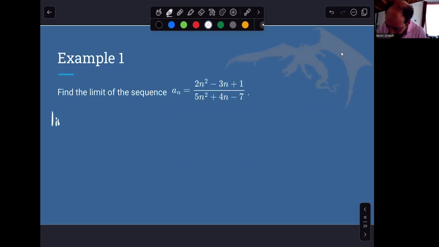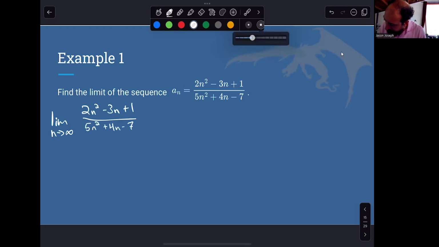So I need to evaluate this limit. You could change this into x's and use L'Hopital's rule.